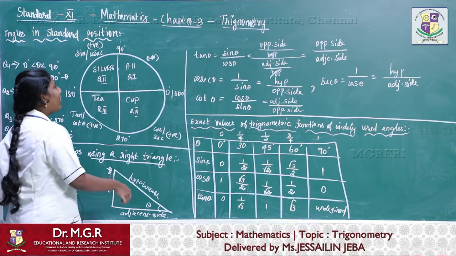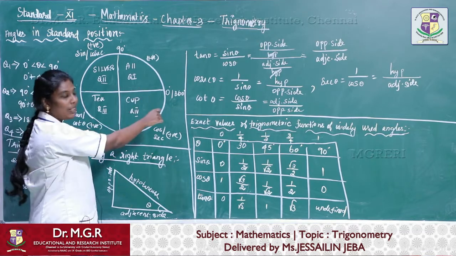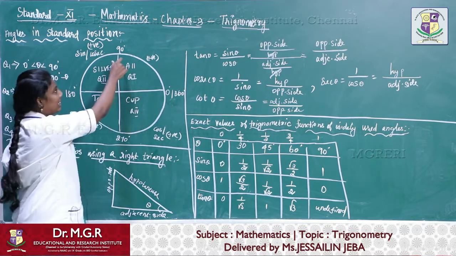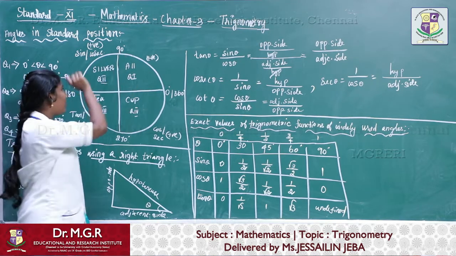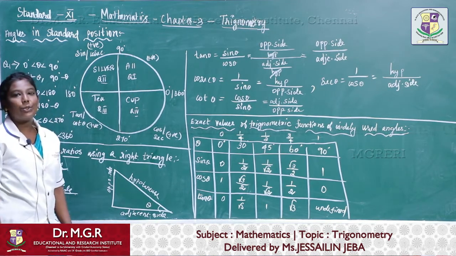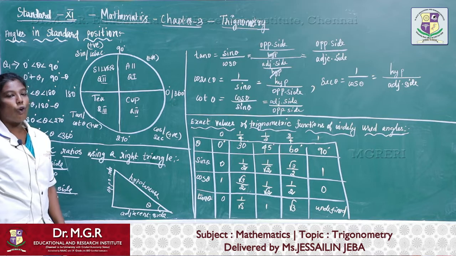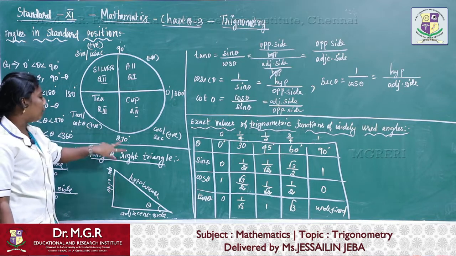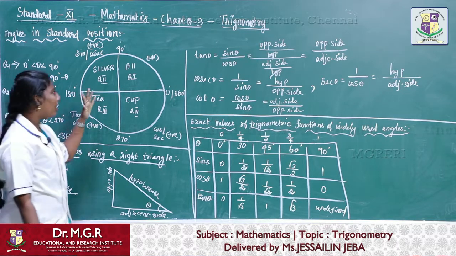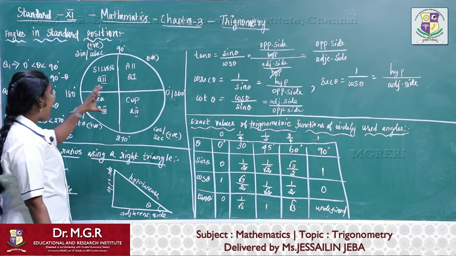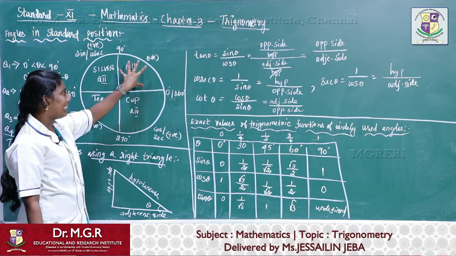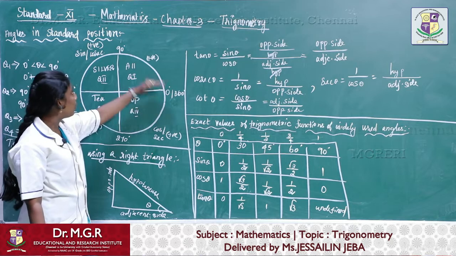The first quadrant starts from 0 degree, the second quadrant starts from 90 degree, the third quadrant starts from 180, and the fourth starts from 270. The angles in the first quadrant are from 0 to 90 degree.